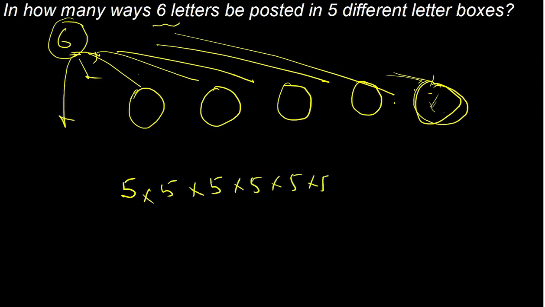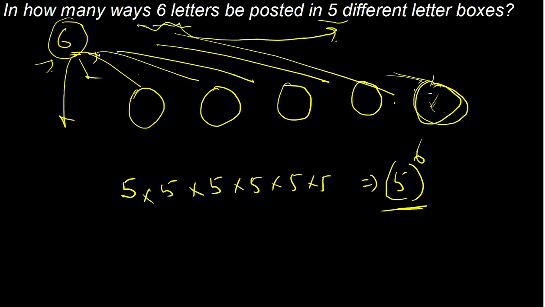So what should the answer be? The answer is going to be 5 to the power 6. This is a fixed pattern: whenever rings and fingers, or such things, are there, you have seen plenty of questions like that. Whatever is unmovable, write that down to the power of whatever is movable. Letters are movable, letter boxes are not movable.